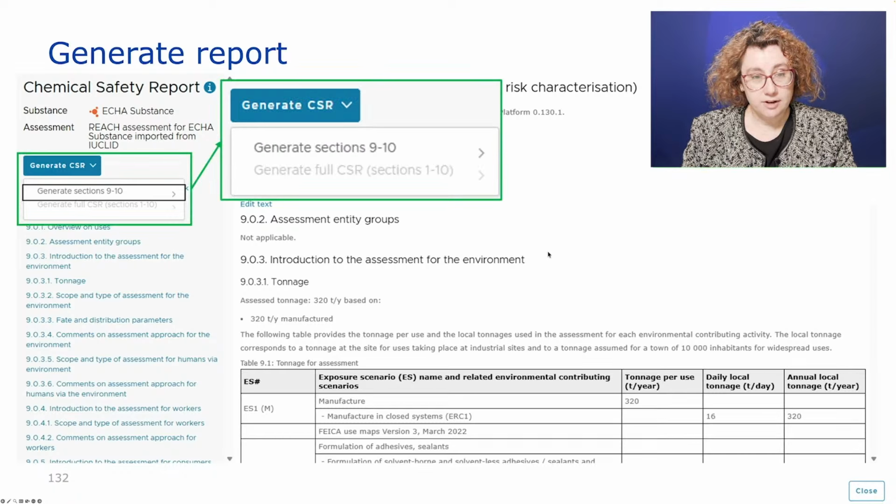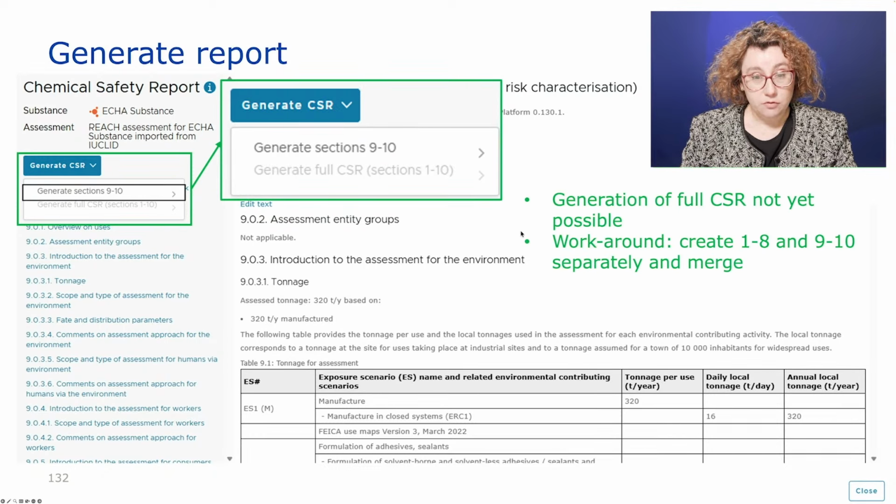You press the button Generate CSR. In the case of the CSR, you have two options, generate sections 9 and 10 and generate the full CSR. Because at the moment you cannot generate the full CSR, this option is grayed out, but it will be possible in the future. For the time being, you can generate 1 to 8 with Euclid and then 9, 10 separately and then merge them.